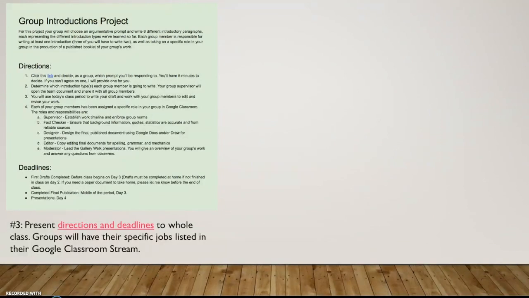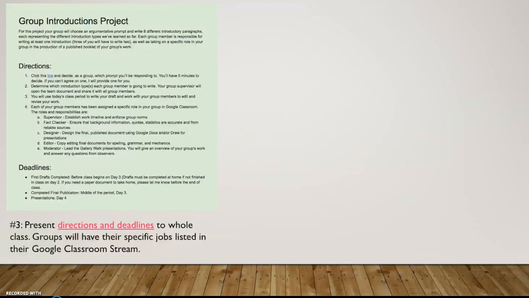Along with having them write those different introductions, I have roles assigned to each group member. The end product of this is going to be a booklet, and the students are going to combine all of their work into a booklet representative of the 8 introduction types.